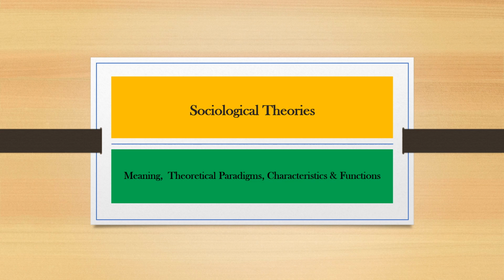The discussion that we want to have today will focus on four principal areas. These are the meaning of sociological theories, the paradigms or perspectives that are dominant in sociology, the characteristics of a good theory, and the functions of theories.